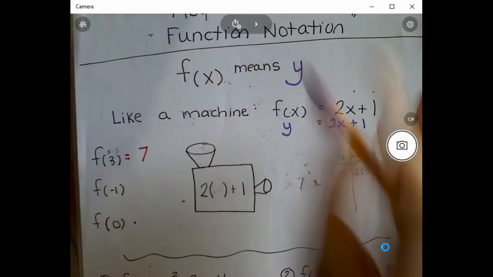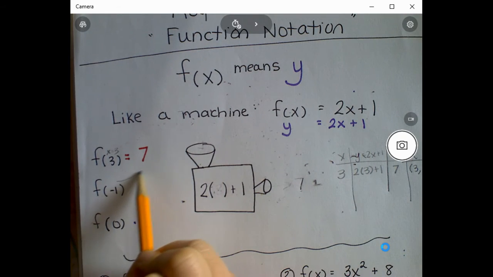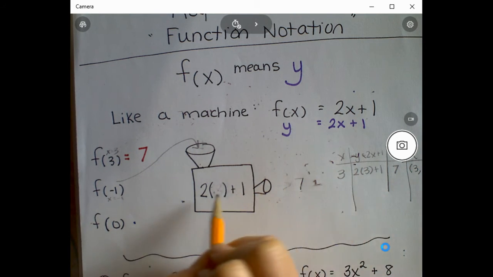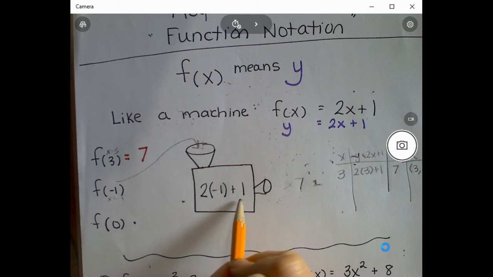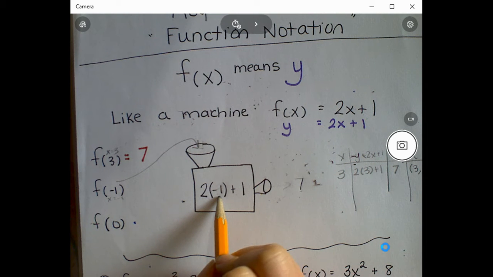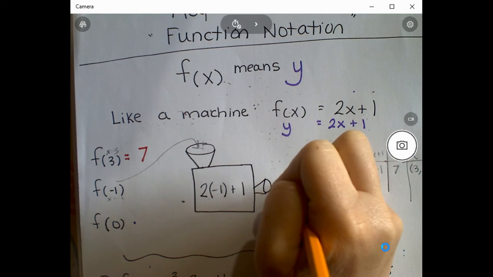All right, so we have the same function. This time we're substituting in -1 for x, because this means x equals -1. All right, so where there was an x, we put a -1, and we use the order of operations. 2 times -1 is -2. -2 plus 1 is -1.